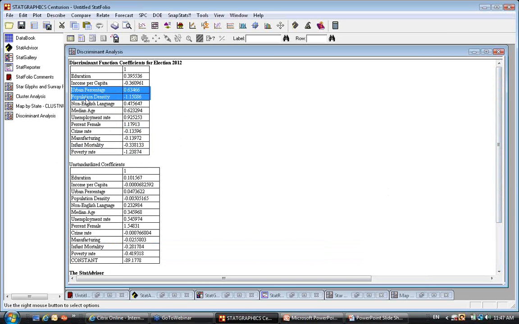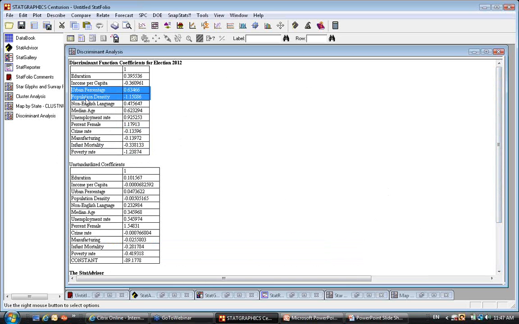On the other hand, population density is negative, implying that the higher the population density, the more likely it is to go for Romney.